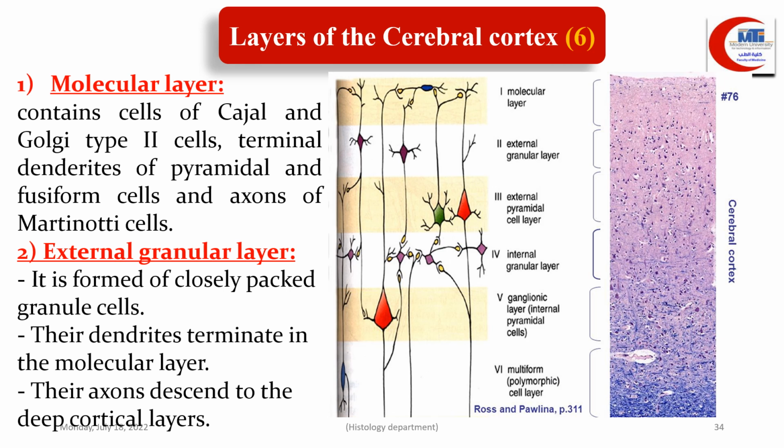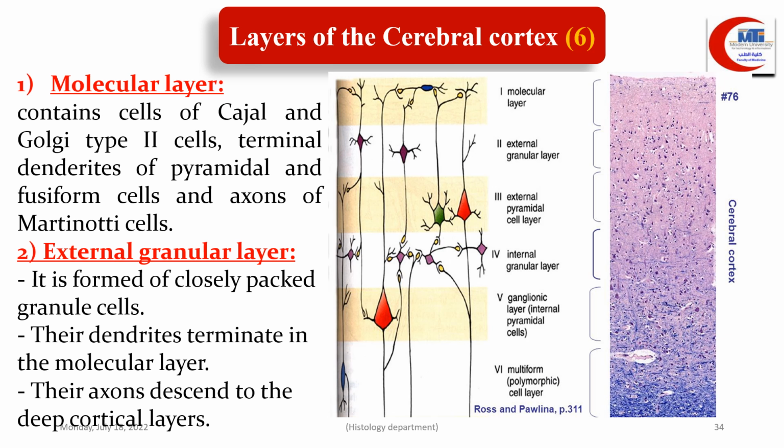Fourth one is called internal granular. Fifth one is called internal pyramidal cell, or the other name is ganglionic layer. And the last one is called multiform cell layer or polymorphic cell layer.